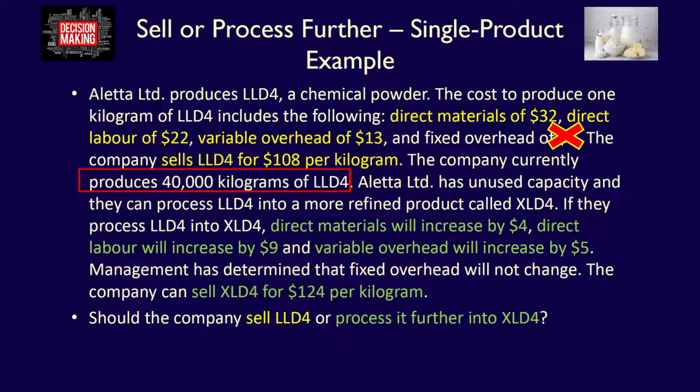Note that if the additional processing had resulted in different quantities, we would have to perform the analysis based on total revenues and total costs. However, in this case, because there's no change in the volume, we can perform the analysis on a per kilogram basis and ignore the issue of volume. So for this analysis, in this example, 40,000 kilograms is irrelevant.